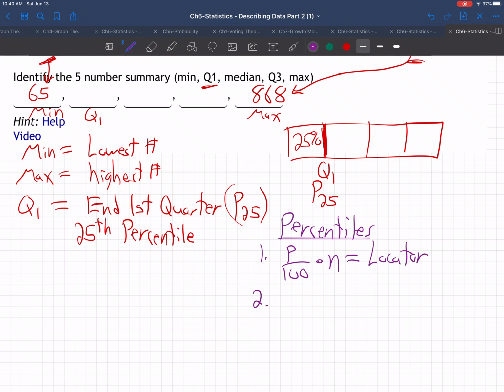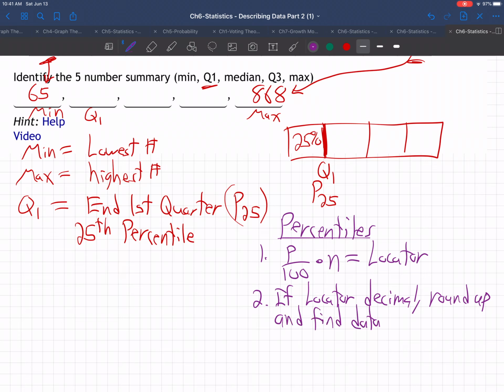And step 2, if the locator is a decimal, then you round it up and find the data value in that spot.